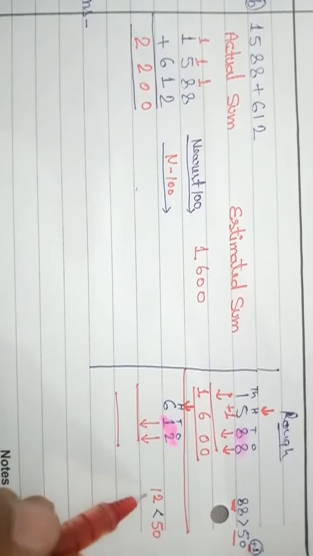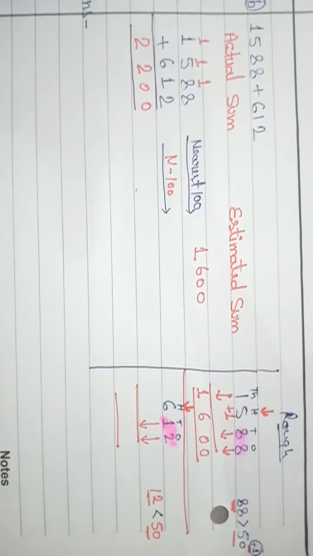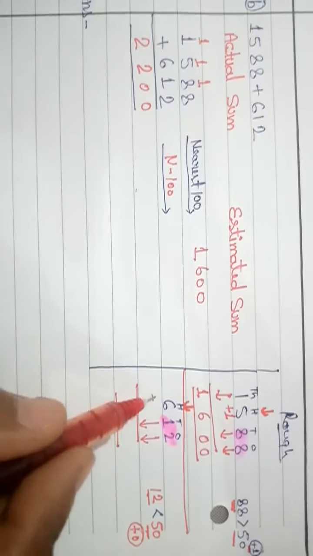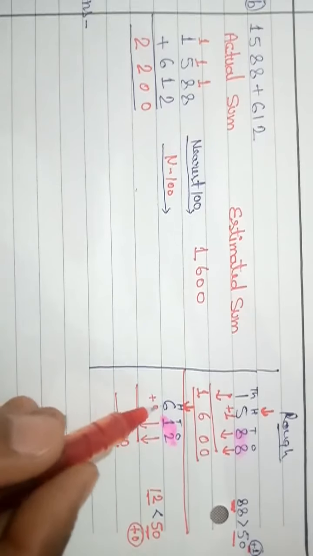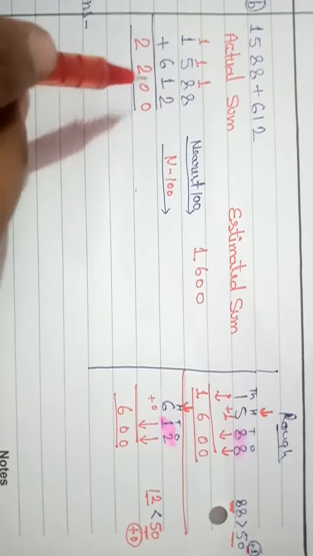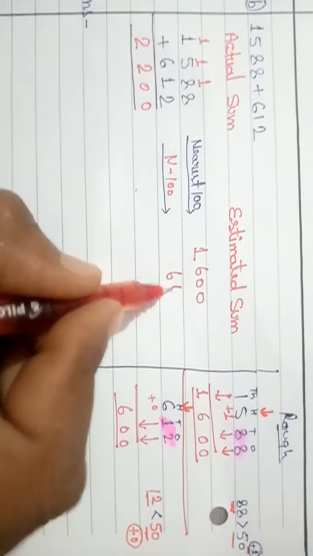It is less than 50, so we will add 0 in the target place. If bigger, +1; if equal, +1; but if smaller, +0. And the highlighted place will be 0. 6 and 0, 6. So the nearest 100 of 612 will be 600.